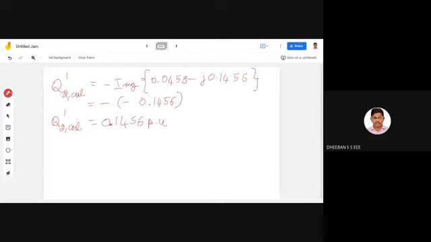So now we have got the value of Q2, sorry, Q2 dash. But the next step, as per our algorithm, is that we have to check the Q limit.